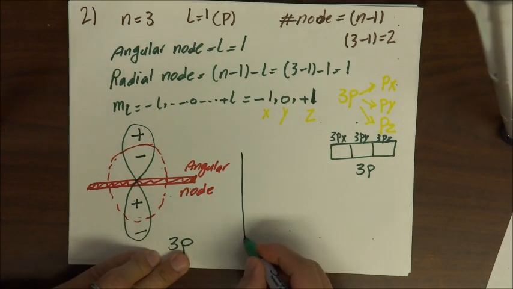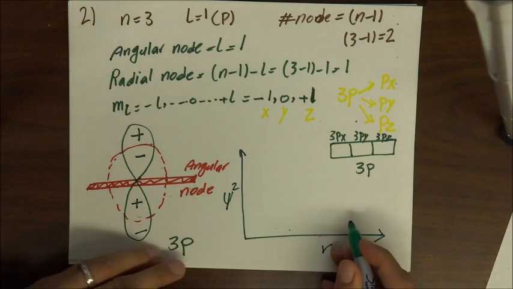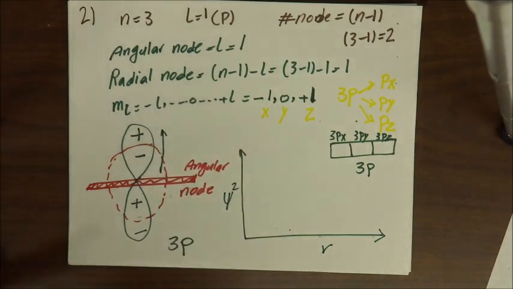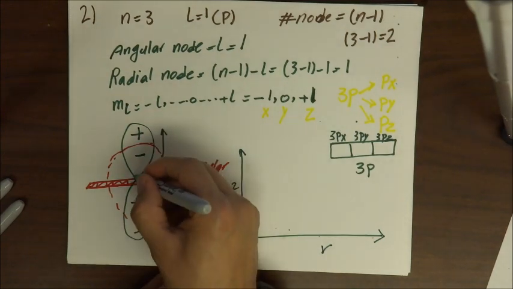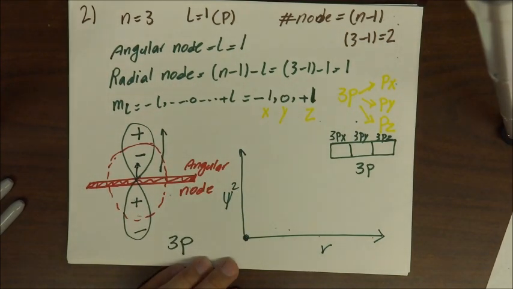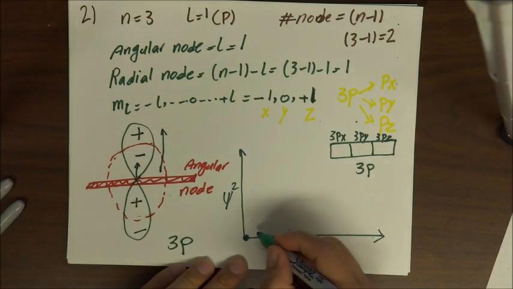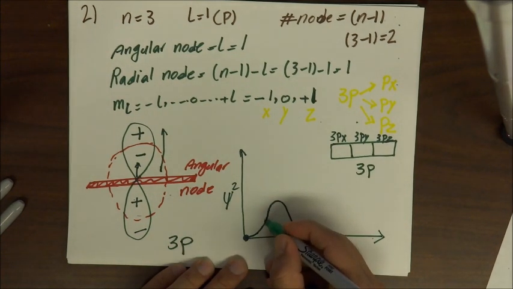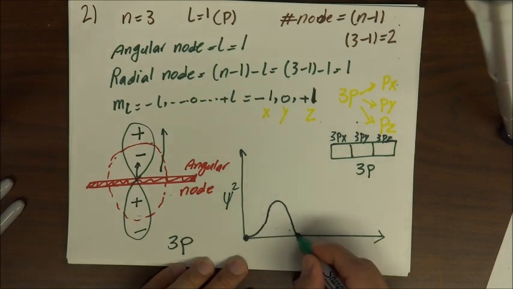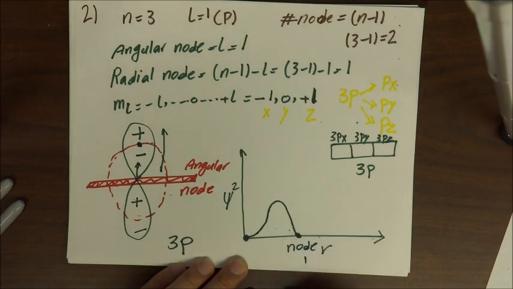Radial distribution. Move in one direction. We have the nucleus. There is zero chance to find the electron. You go inside the first area, and now there is a chance to find the electron. Show it by one small peak. Now that's the first node, the first radial node.